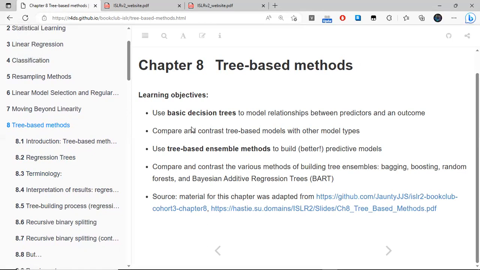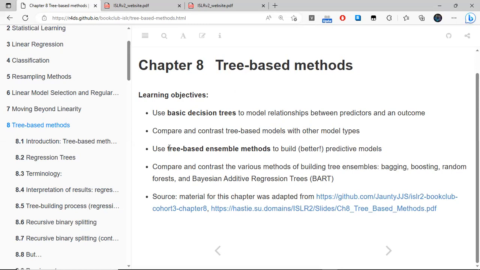So as it says, these basic decision trees are going to predict some outcome. It can be numerical or categorical. And then we're going to compare this type of models with the previous ones that we have seen. And because of a sad consequence of this comparison, we're going to be learning about more complex models using trees.